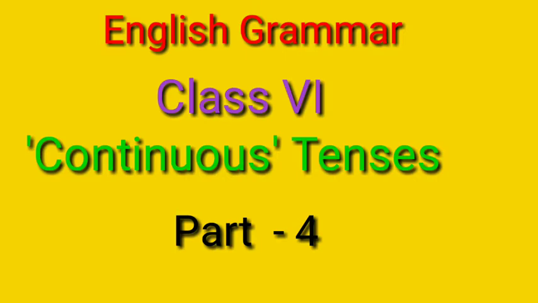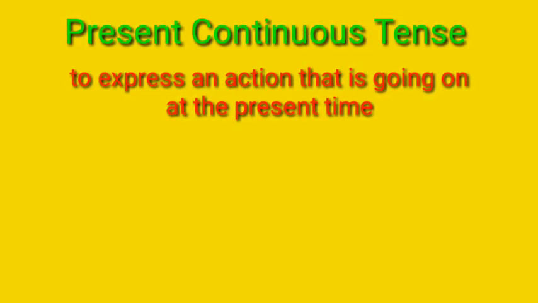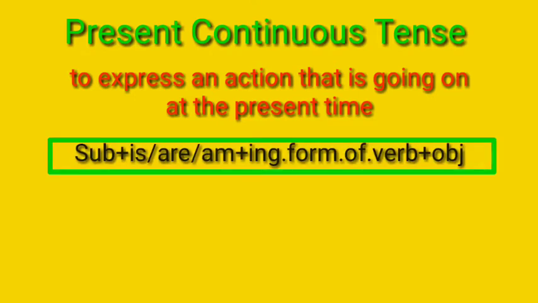We use present continuous tense to express an action that is going on or is in progress at the present time. The form of present continuous tense is subject plus is, am, are plus ing form of the verb plus object.